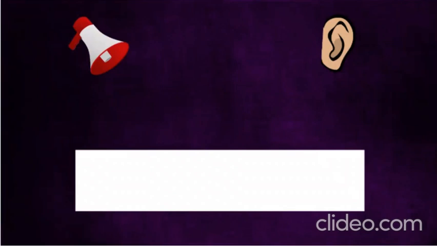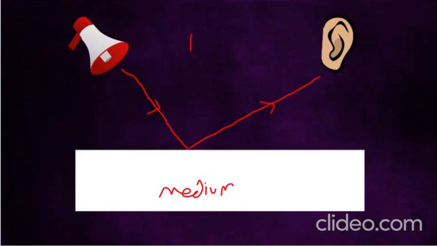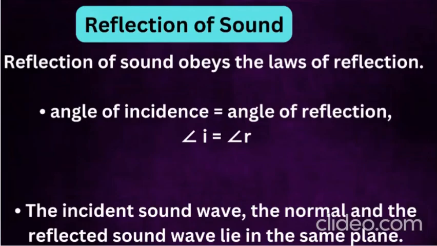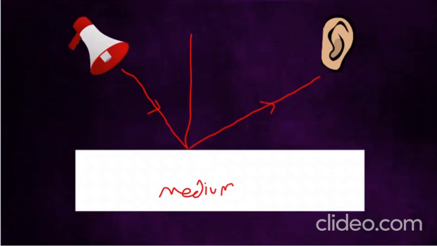You remember how the light rays behave, correct? Similarly here, the rays of the sound fall on the surface, that is the medium, and through there it reaches the ear. That is, it comes from the source through the medium and reaches the ears. And everything is the same, the same laws of reflection. There is an angle of incidence and an angle of reflection.